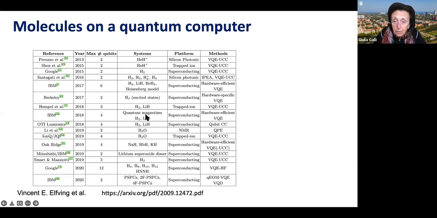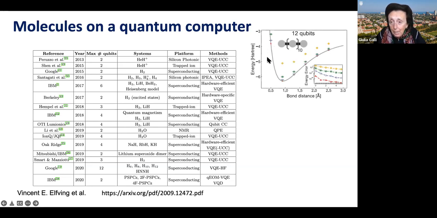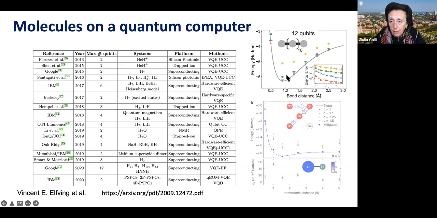The H3, these are taken from the literature, a calculation of the potential energy surface of, I think, this is H3 and this is lithium hydride. The reason why I show the picture in the middle is because it shows the results, all these points, not the blue ones, that come out from the machine, and the blue ones that are noise mitigated.